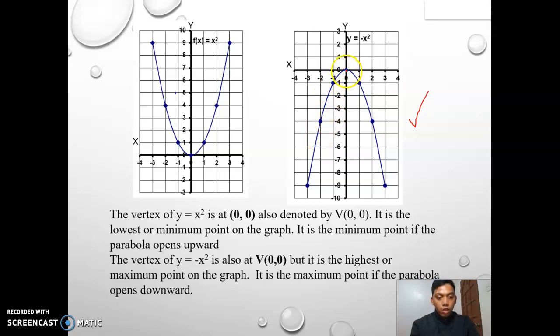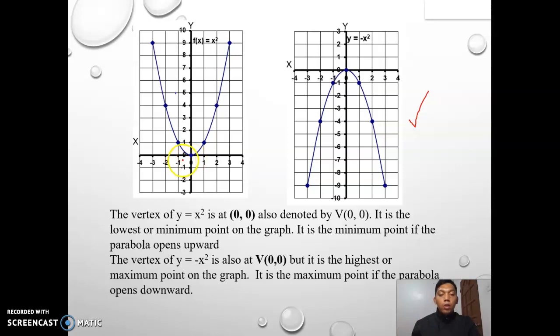If the point is on the top, then it's the highest point. On the other hand, if the graph faces upward, like a slope, and you reach the end of the slope, that is the lowest point, the minimum point.